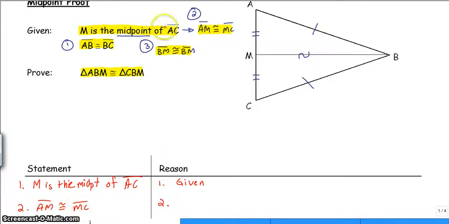I need a reason for that. That's the definition of our midpoint. We talked about that the first day on your guides sheet. On that guides sheet, we said that we have to write as our reason for these segments being congruent the fact that the midpoint divides the segment into 2 congruent segments.